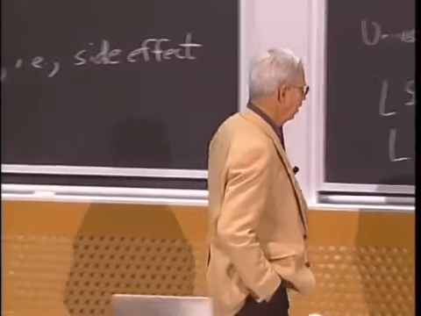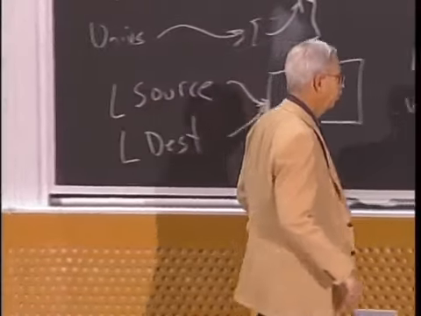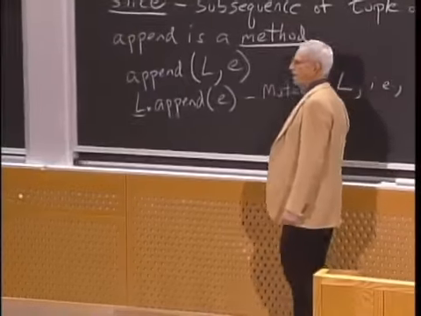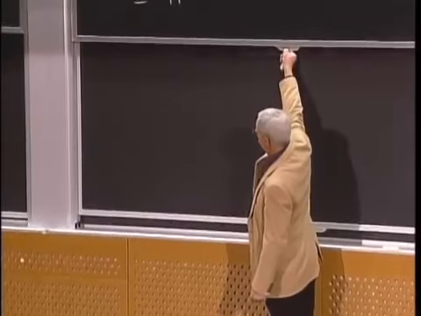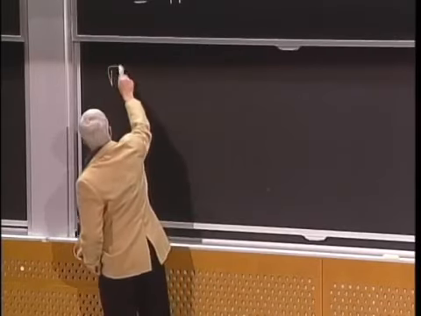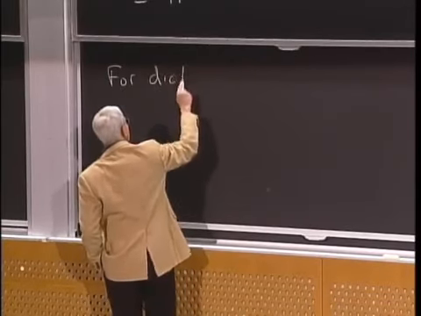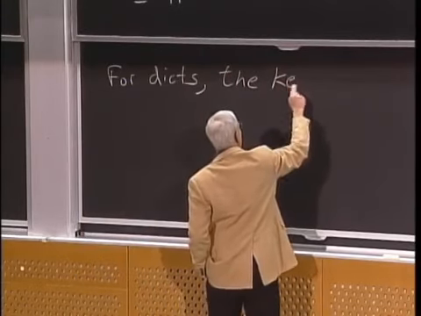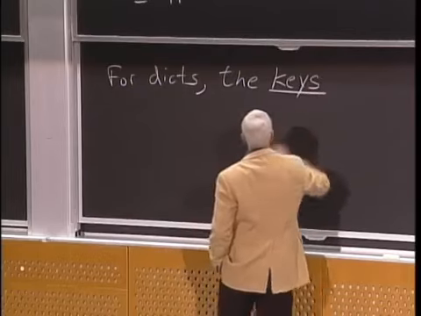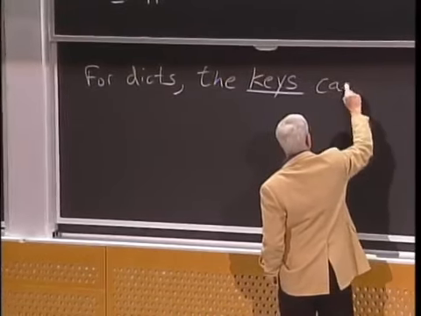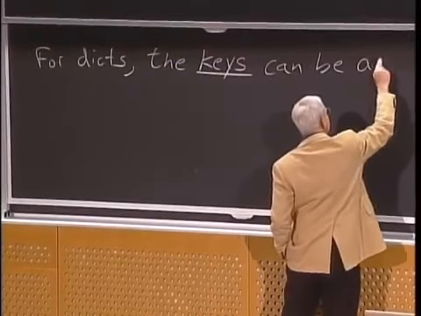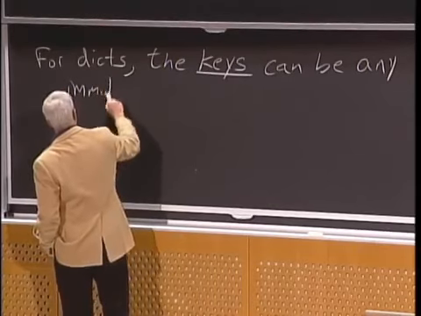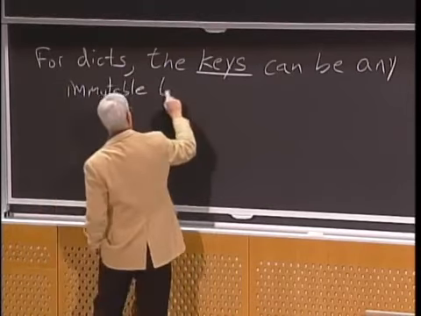One, the elements are not ordered, and 2, more profoundly, the indices need not be integers. And they're not called indices, they're called keys. They can be any immutable type.